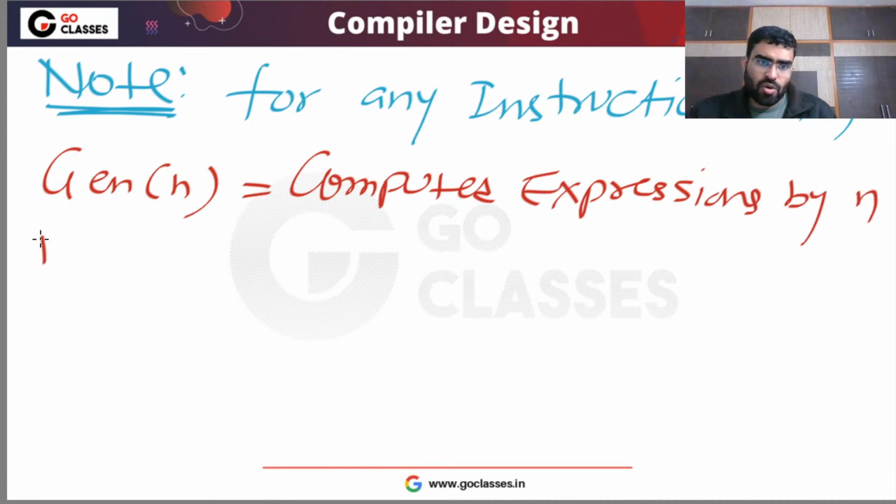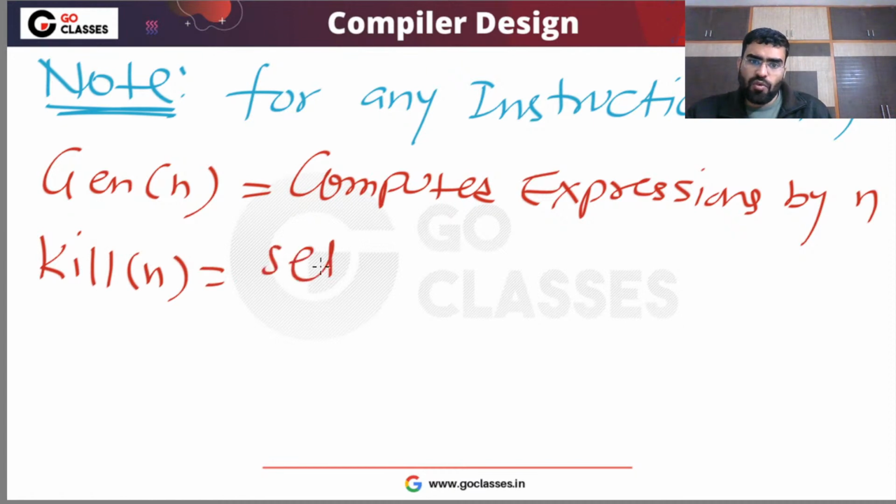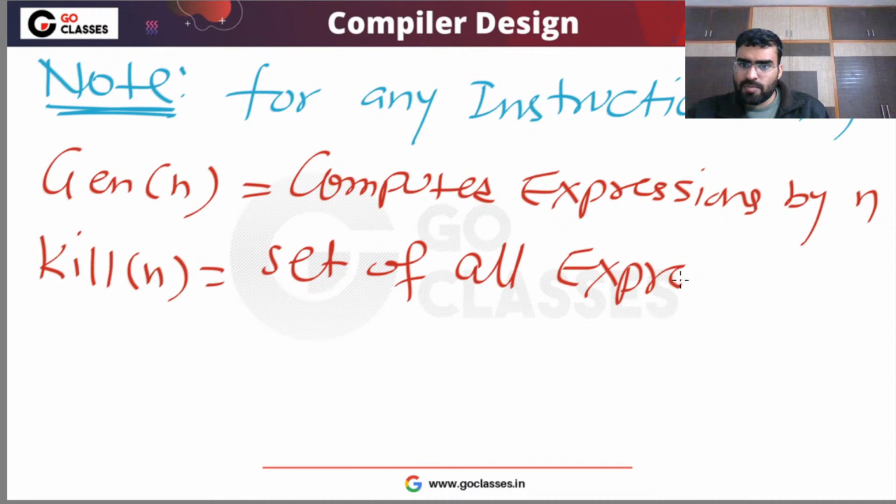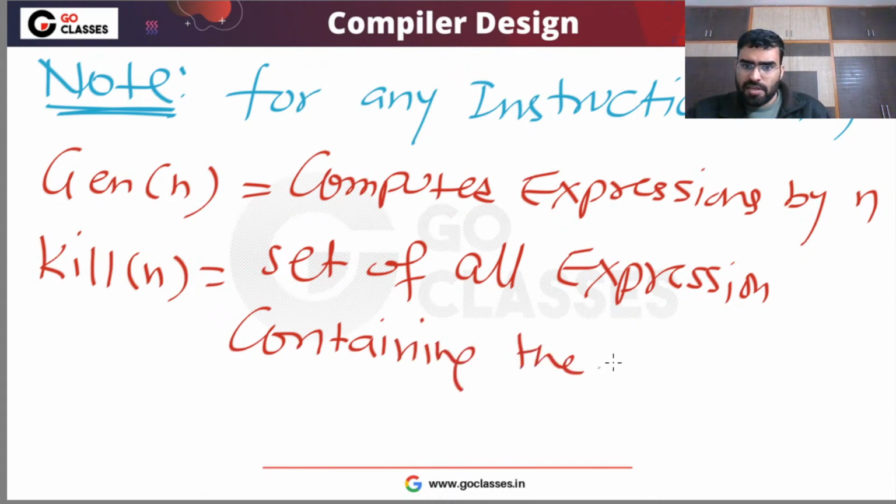There is also something called KILL of n. This is the set of all expressions containing the variable defined by n.